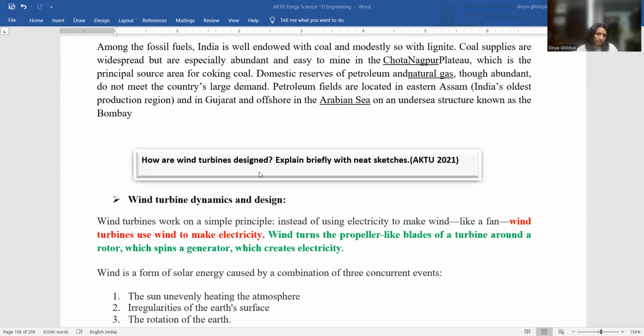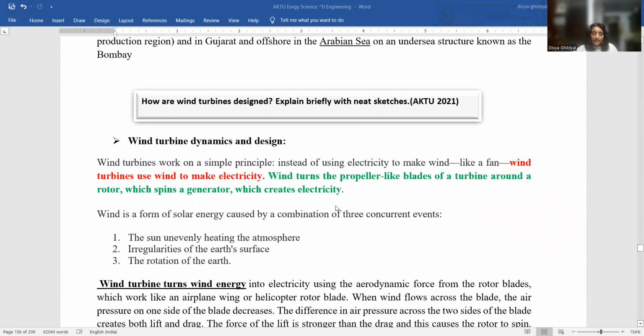How are wind turbines defined? Explain neatly. First, understand what wind turbines do and on what principle they are based, and then I will explain the diagram. Wind, hawa. Wind turbines work on the simple principle that instead of using electricity to make wind, like a fan, what is a fan doing?